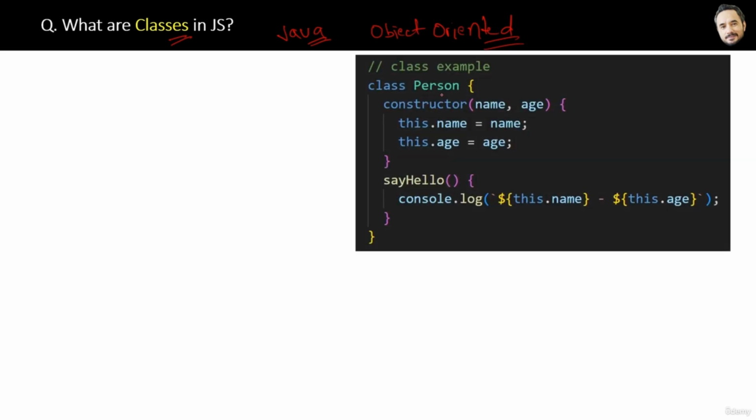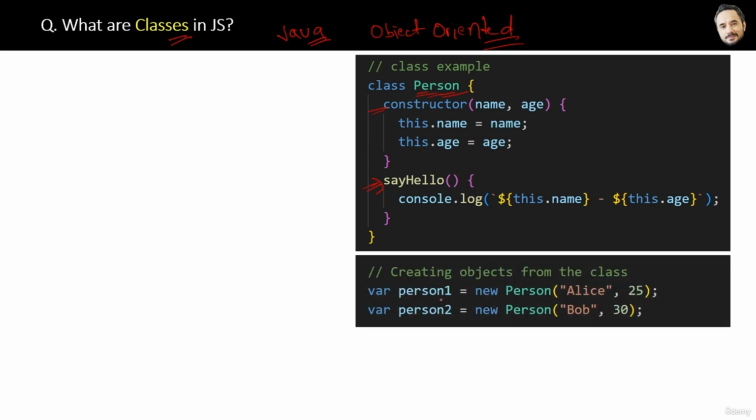Here you can see a piece of code where person is a class, and inside that we have a constructor and a function. Now the question is, how do we use this class? For that we have to create the object from this class like this. Here you can see we are using the new keyword with the class name person and passing two parameters, name and age.